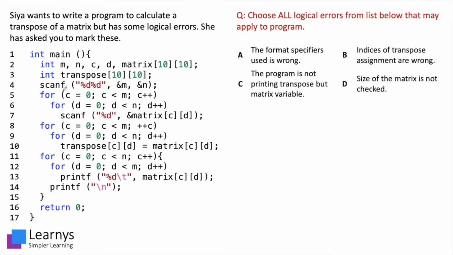Let's examine the code line by line. The declaration and definition of variables are correct. We have a matrix called matrix, a two-dimensional matrix, and a matrix called transpose with the same size. We are scanning two values, n and m, for the size. We are ranging two variables, c and d, from 0 to n-1 and m-1 respectively, and scanning.